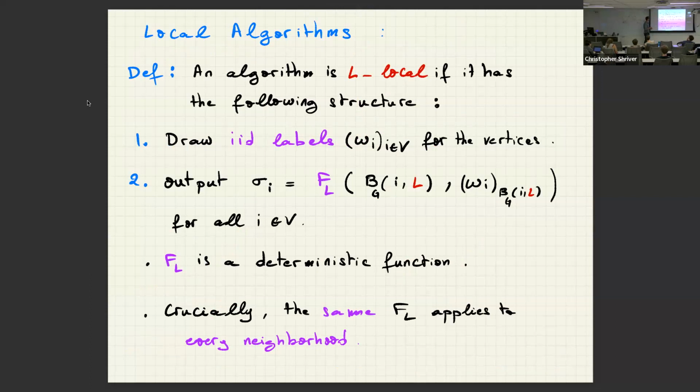My algorithm corresponds to taking a function FL and applying it for every vertex i. I apply this function to the random variables inside a ball of radius L of that vertex. This function takes in the neighborhood and the labels of the neighborhood and outputs a value. This function has to be deterministic, and it has to be the same for every neighborhood. So I'm not allowed to pick a different function for different vertices.